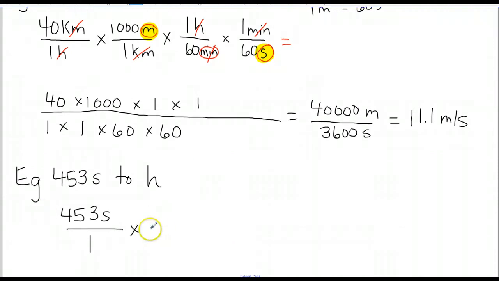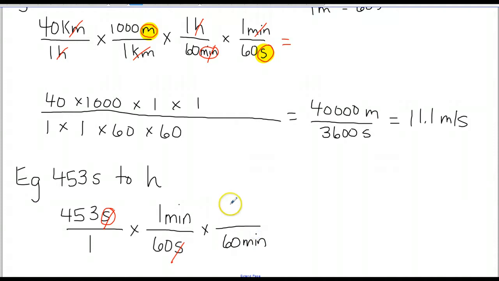And how do we arrange them? We arrange them so that we've got the one we want to cancel on opposite sides of the fraction sign. So there are 60 seconds in 1 minute, and that cancels seconds out. And we're left with minutes, but we want hours, so we've got to do one more time. There are 60 minutes in 1 hour, and that cancels out our minutes.